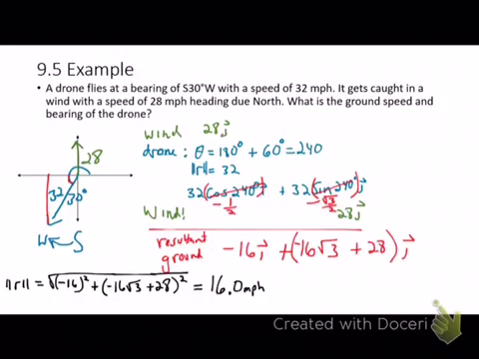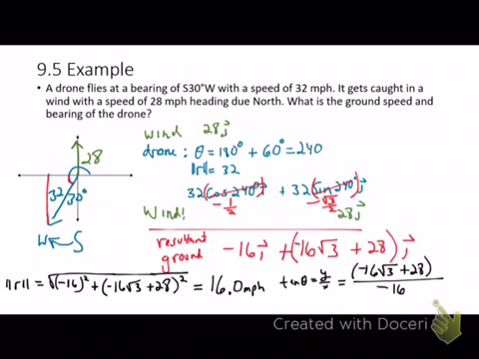And so that's the r, and then finally the theta. Remember, the tangent of theta is going to be our y over our x. That's true every time. People forget, but the tangent of theta is y over x. And so our y is -16 radical 3 plus 28, and our x is -16.